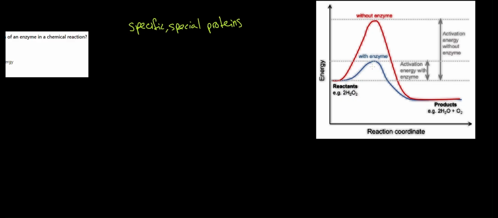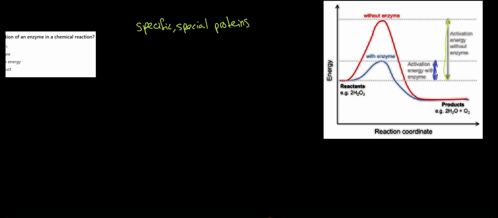And this is because it takes less energy in order for the chemical reaction to occur. And so that's what enzymes do. They speed up reactions. So instead of using all this energy over here, you only use a little bit of that energy. And so that's what enzymes really do.